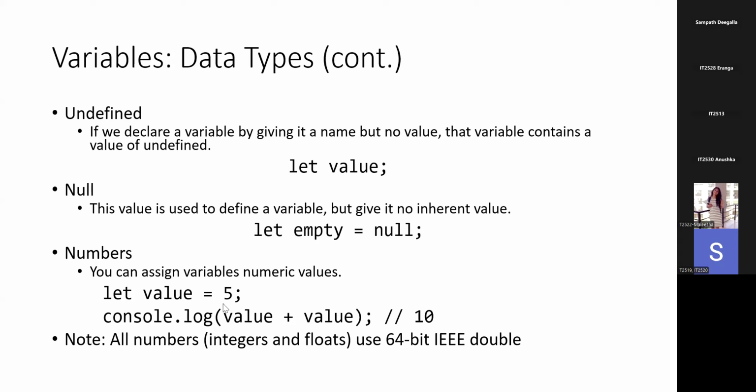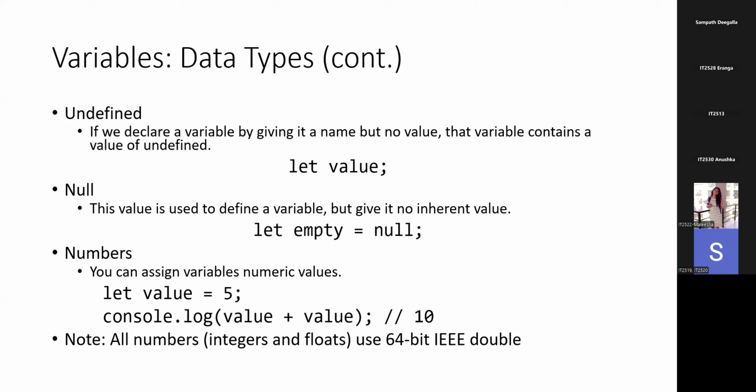One thing when you're assigning numbers, which could be integer or float: in JavaScript, usually it's a 64-bit IEEE double type. What it means is there's a special case of how numbers are represented inside. We normally call it IEEE 754 and so on, which allocates a fixed number of bits to represent the numbers.